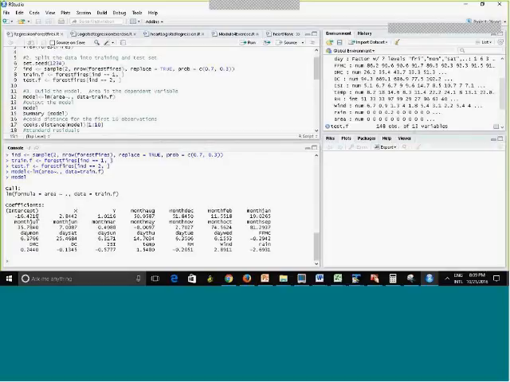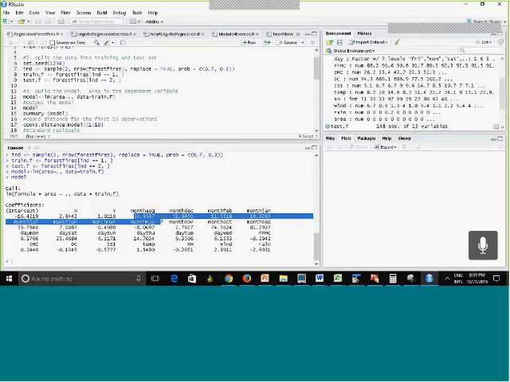Basically, the method assigns a coefficient for each continuous numeric variable, right? And for each categorical variable, it's going to take a value and assign a coefficient for that value.